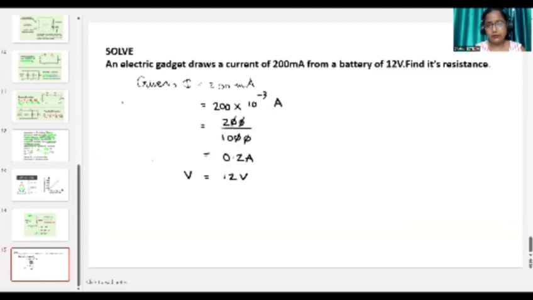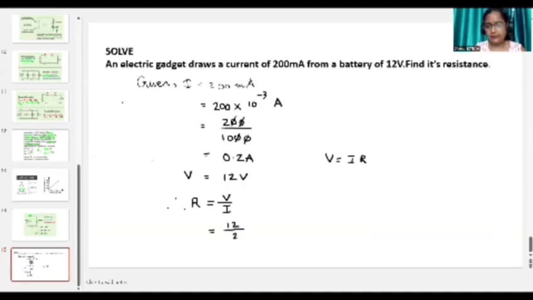12 volt. So what formula are we going to use? Always remember V is equal to I into R. So R will be V divided by I. So what is the value of V? 12. And here what do we get? 0.2.